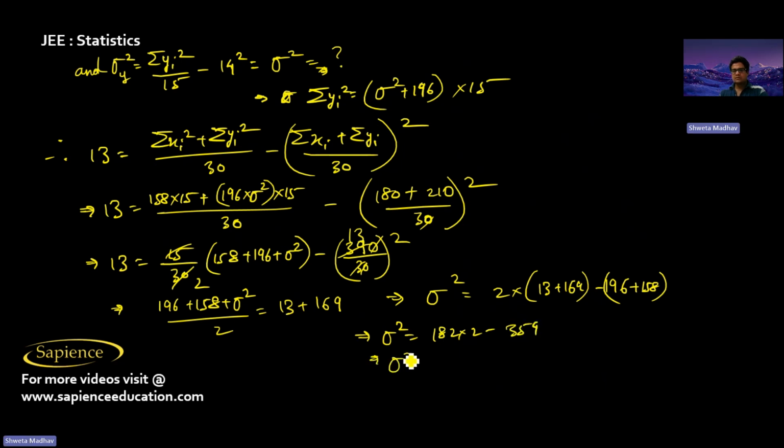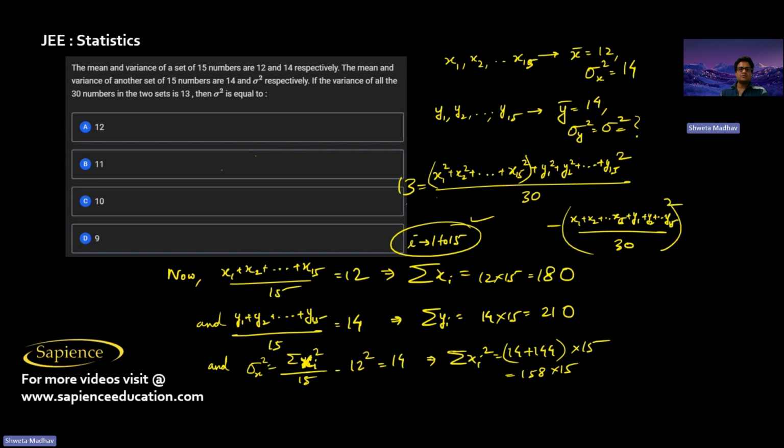So sigma square is 364 minus 354, that is equal to 10. So 10 is the value of sigma square. So option C is the correct answer.